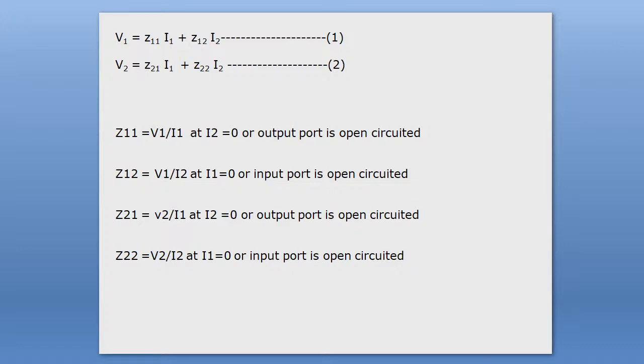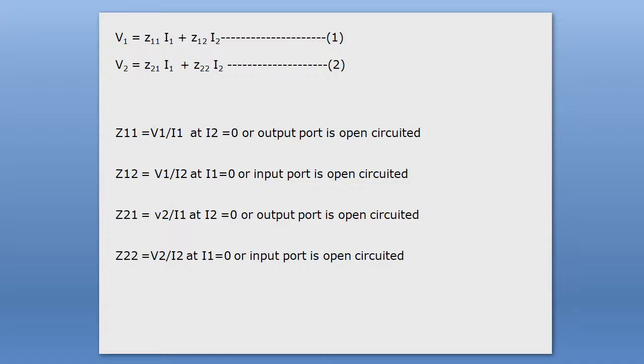If I give you the numerical values, then you can write Z11 equal to X ohms, where X may be a numerical value 2, 4, 2.5, whatever. So the unit of the Z parameter is ohm, or unit of resistance.